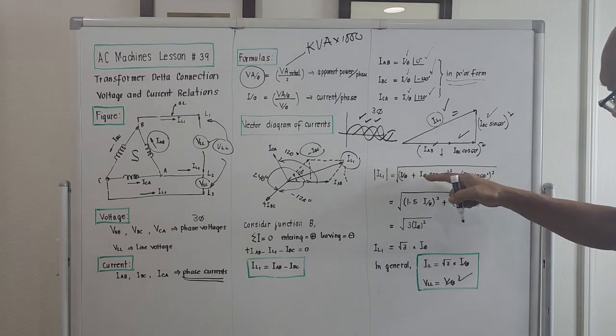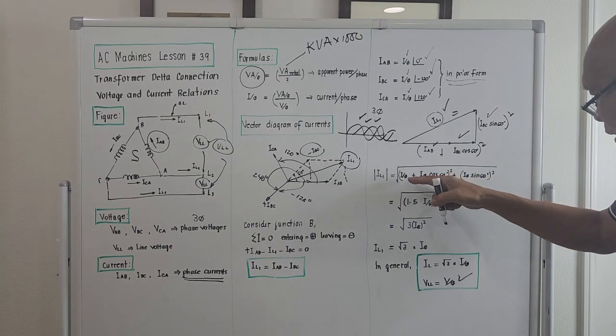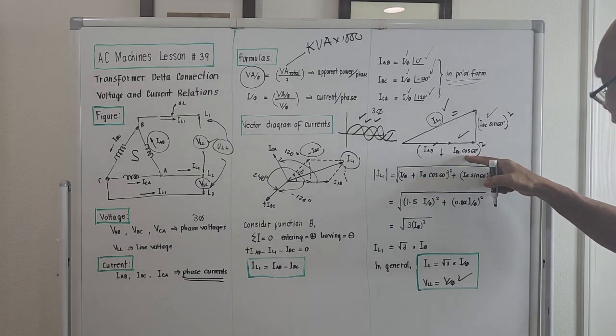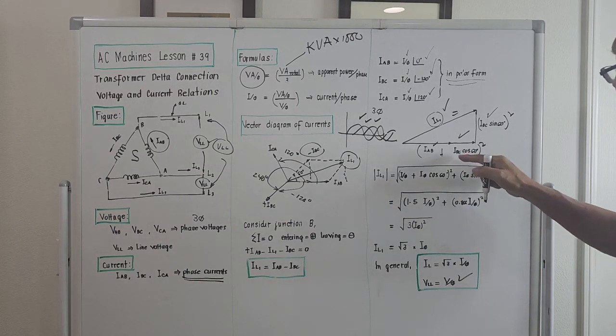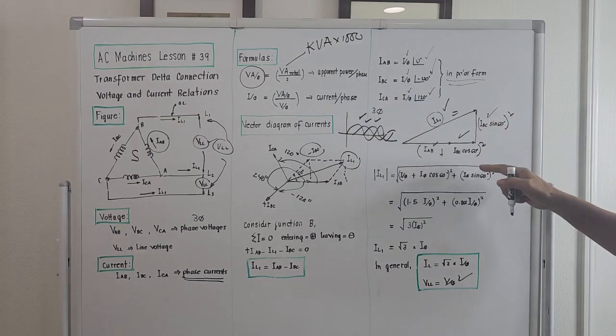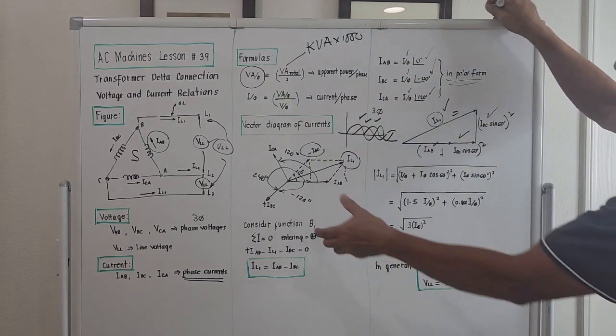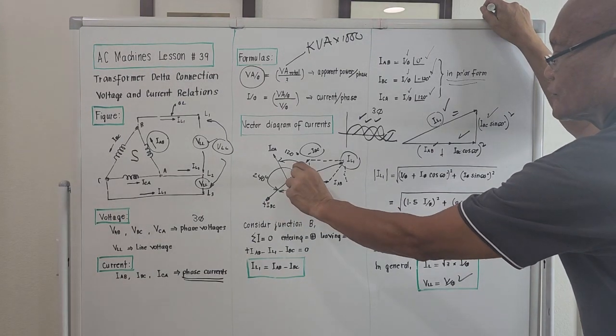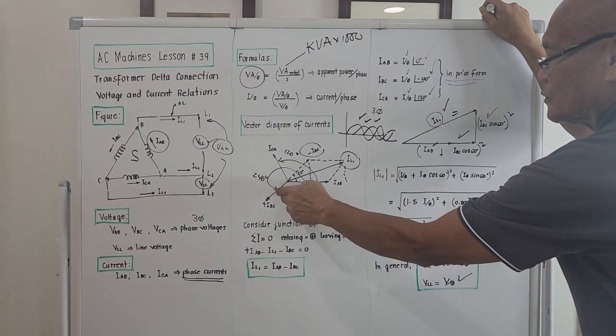The first part is I_AB, the current per phase, plus I_BC times the cosine of 60. It is now 60 because we take the reverse. This is now 60, and this is negative 120.